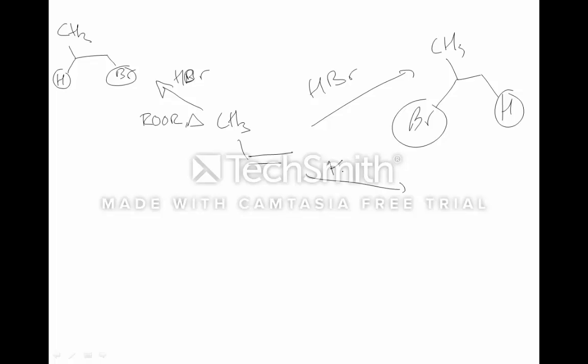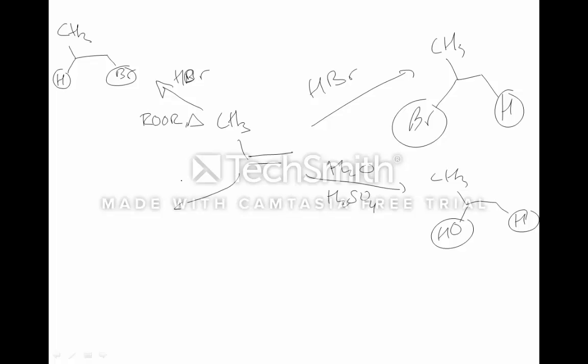We talked about H2O, H2SO4. So this isn't grouped by mechanism. This is grouped more by differing regioselectivity. So hydration is going to do the same thing that the hydrohalogenation did, is put the electronegative group on the more substituted carbocation.